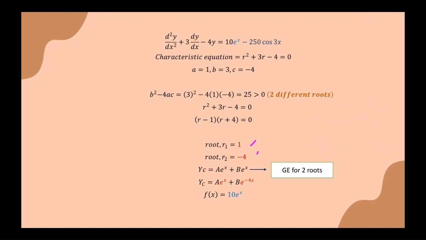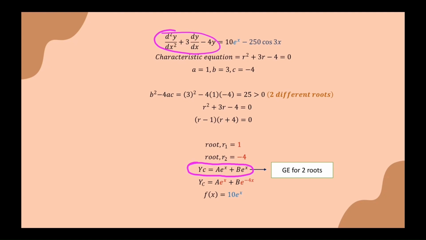So here we already have this answer, which is r1 equals 1 and r2 equals negative 4. Once we have determined the two different roots, we can also determine the general equation. When it comes to two different roots, this is the general equation that everyone has to use.